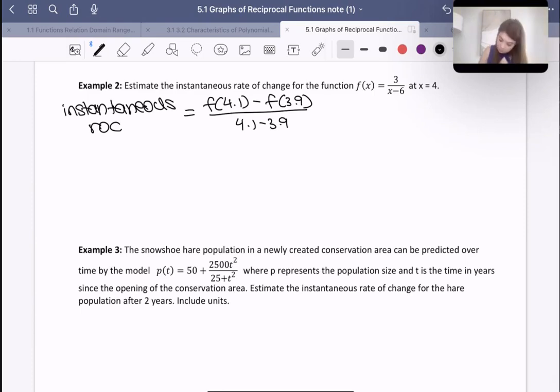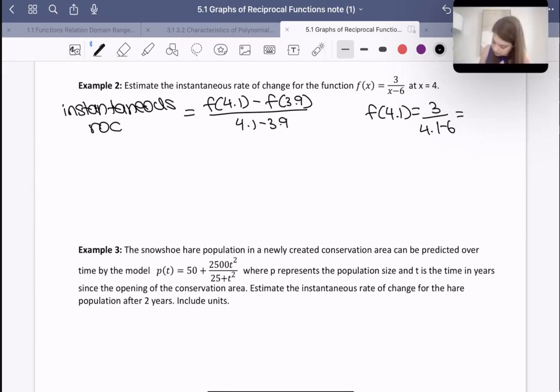So what is f of 4.1? Well, that's going to be 3 over 4.1 minus 6. And what's that going to be? That would be 3 divided by -1.9.